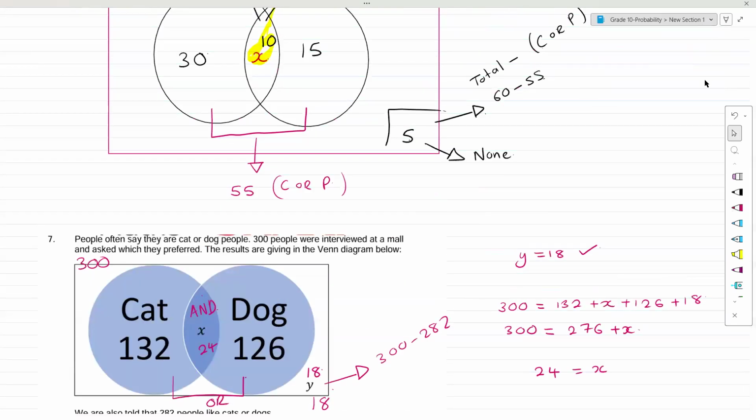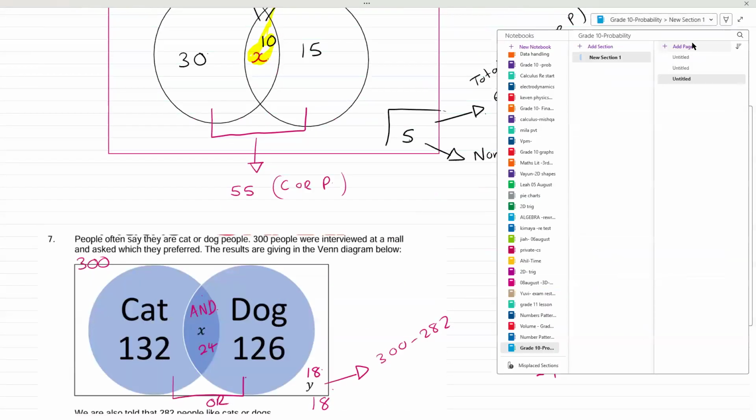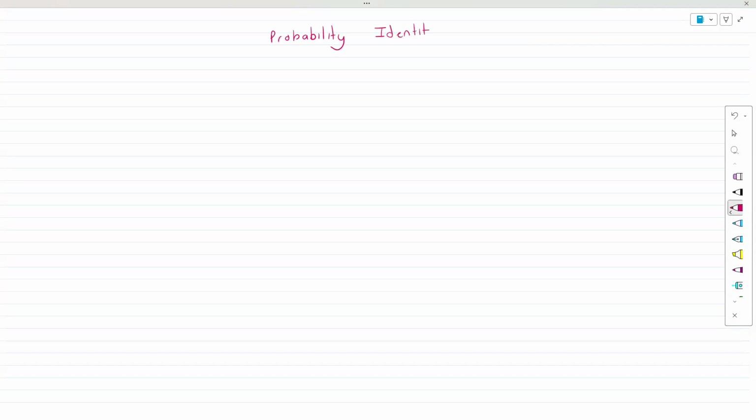The next part is us learning about probability identities. The next part of the lesson would be probability, but we're talking about the identities. Now, in grade 12, there are quite a few that you learn, but now we're going to focus on one.